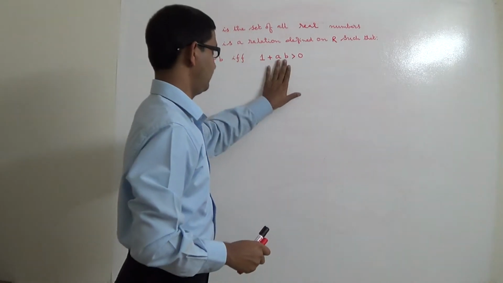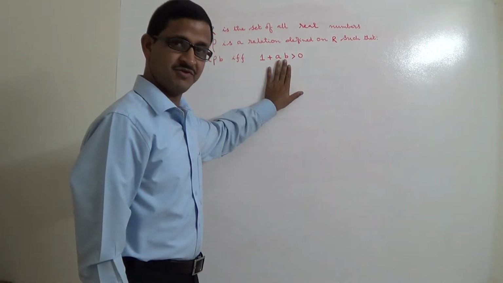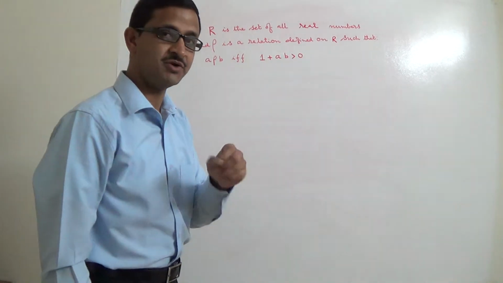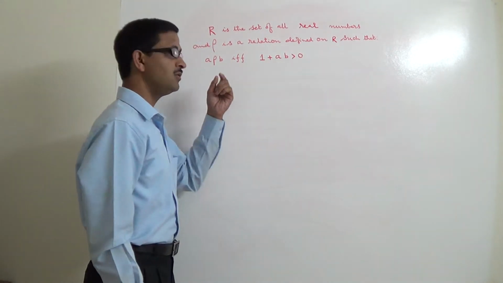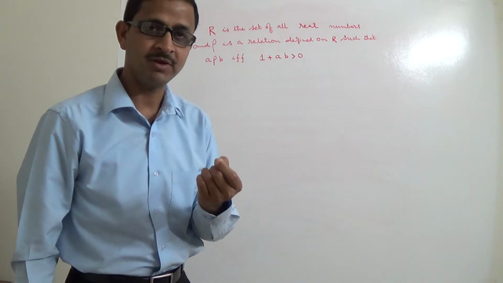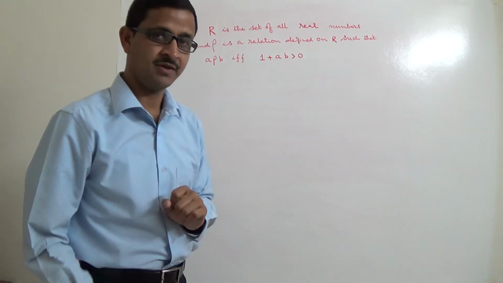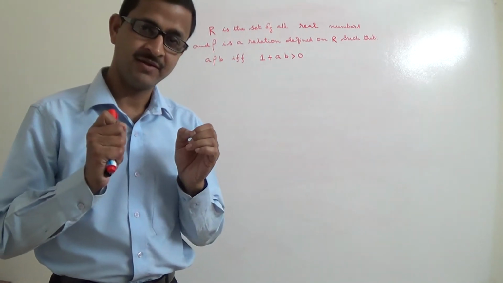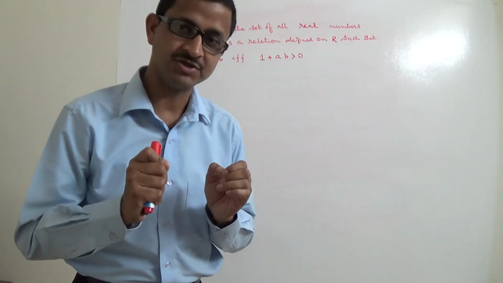This is the rule. This is the property which has to hold true in order for A rho B to hold true. That means A comma B belongs to the set rho. We are going to see whether this relation is an equivalence relation or not.